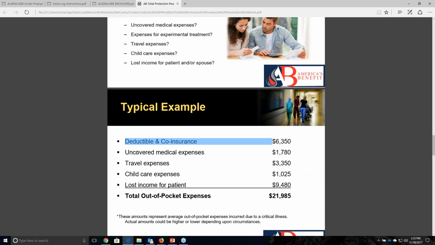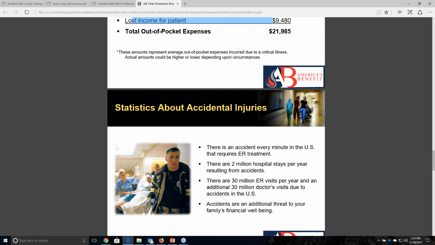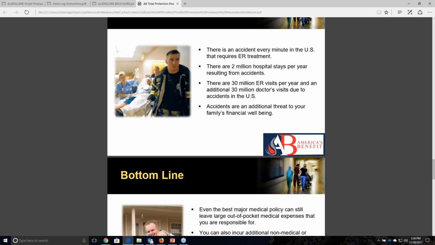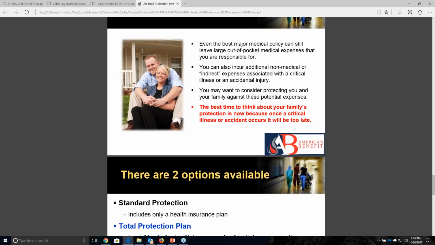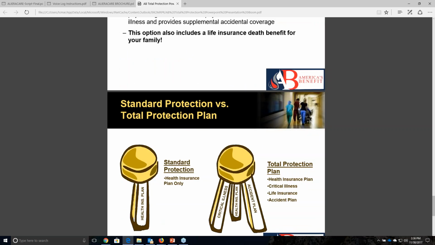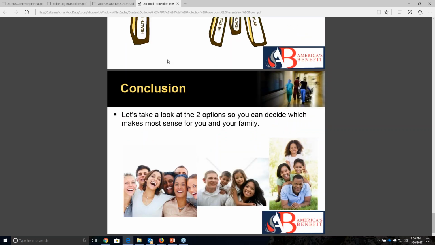Not only are you going to have your deductibles and expenses and travel expenses and child care expenses and loss of income, that's a lot out of pocket. So by having that CI benefit and having a program that's so affordable that you can add $50,000 to CI and still be 40% or 50% less than an ACA plan, it really truly does put an awful lot of value for the client and provides an excellent source of benefits.